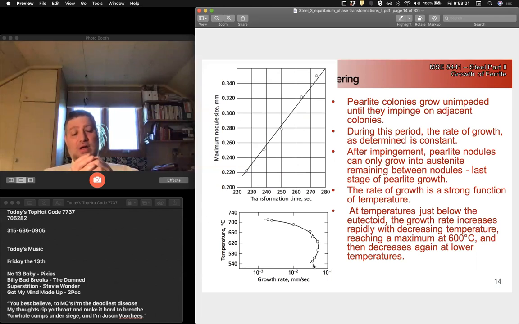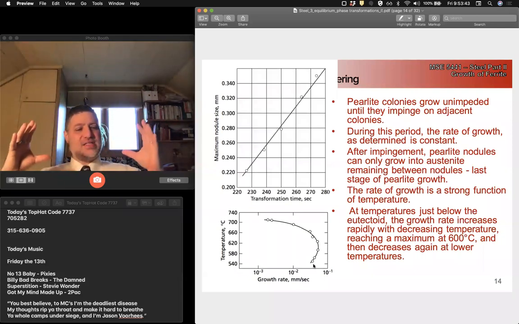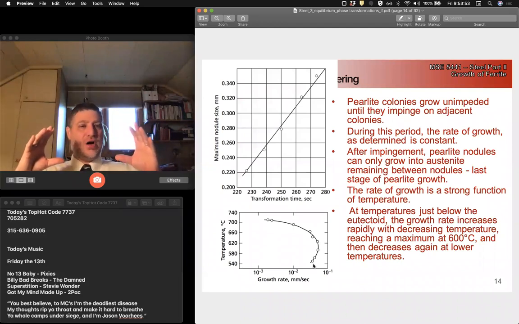So if we're in a range where nucleation is difficult, right? We're not nucleating a lot of pearlite. The ones that we do nucleate are going to grow large. And a pearlite colony then can overtake the size of several austenite grains, right? Where's that going to happen? Where's our nucleation rate low?